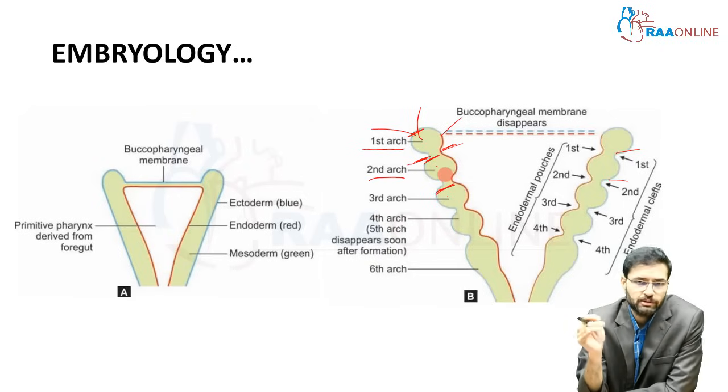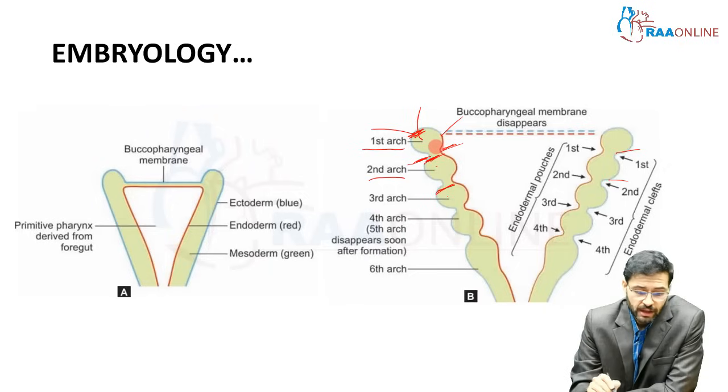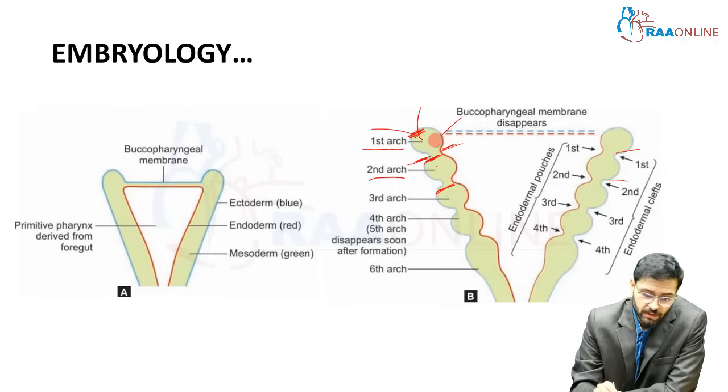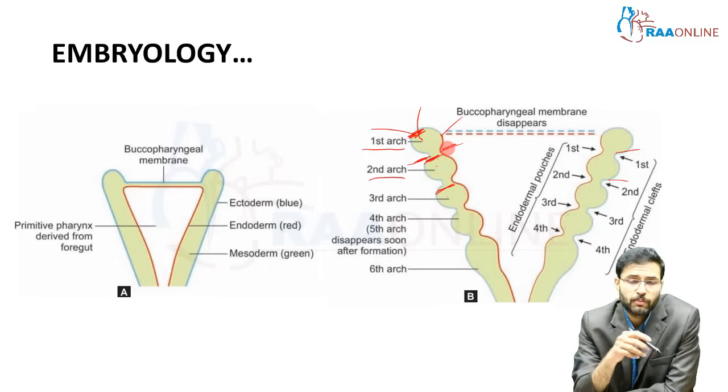For example, the first arch can receive an accessory nerve fiber from the nerve of the second arch. All this is seen in smaller beings.